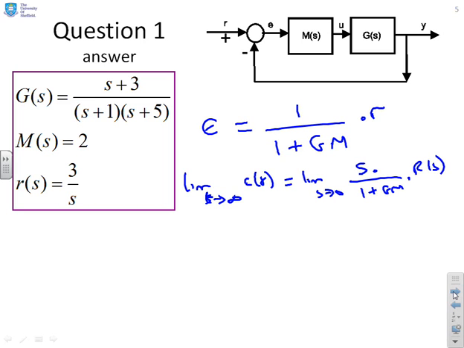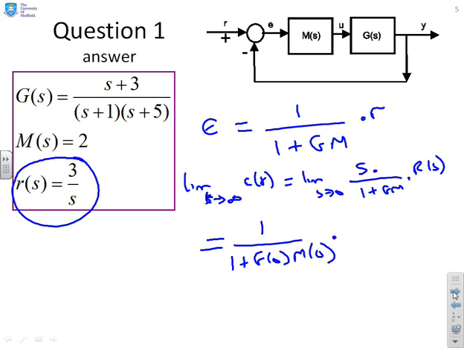Now for all these examples you'll notice that we've chosen R to be something over S, and so that S will cancel with the S in the numerator, and so what you will end up with is 1 over 1 plus G of 0, M of 0 into whatever value of R of t you've got, which in this particular case is 3. So if I put in the numbers, what have we got? We've got 1 over 1 plus, what's G of 0?